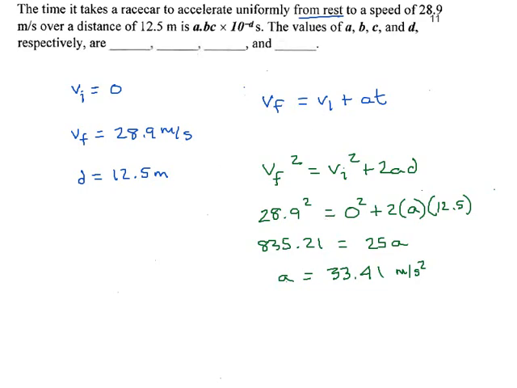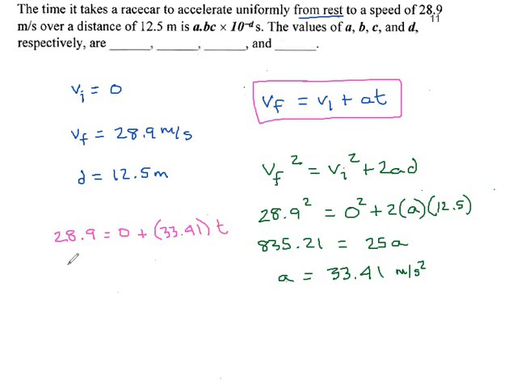Now that we have that, this formula can help to get us the time. We could do V final is 28.9, V initial is 0, plus acceleration we now know is 33.41, we just found it, times t.